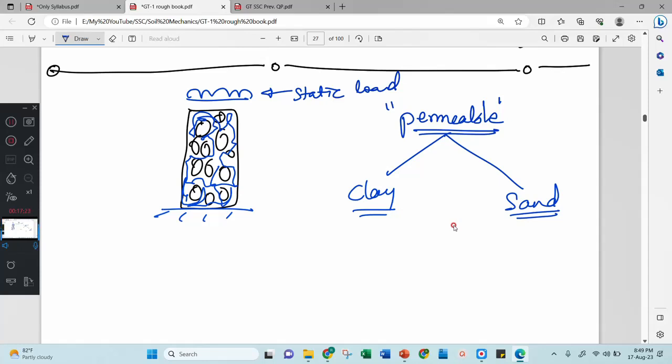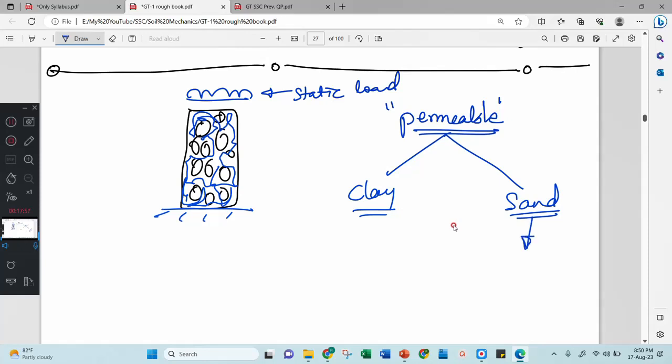Can you guess how many minutes it might take to escape? Just guess. How many minutes, hours, or days? How can you count the time for escape of water in sand? Okay, if you don't know, I will tell you.